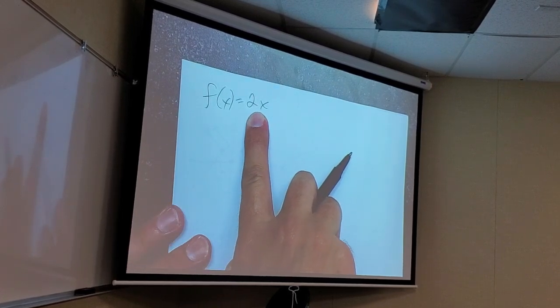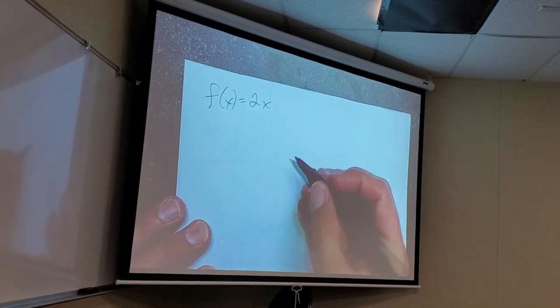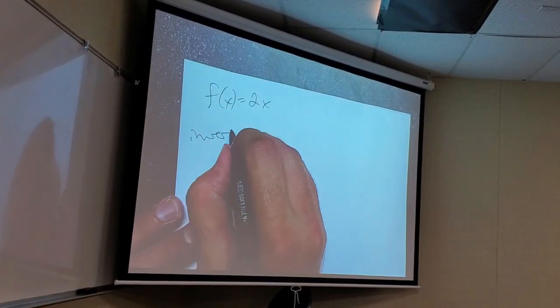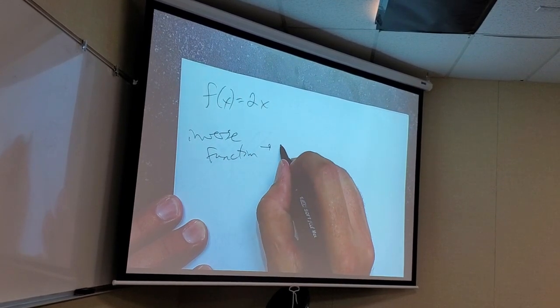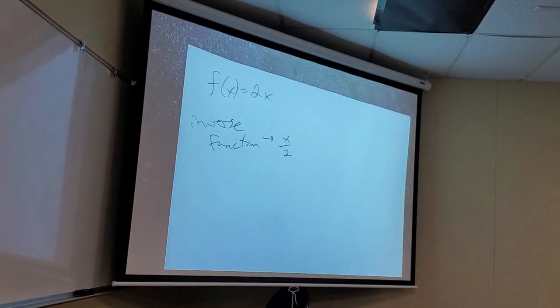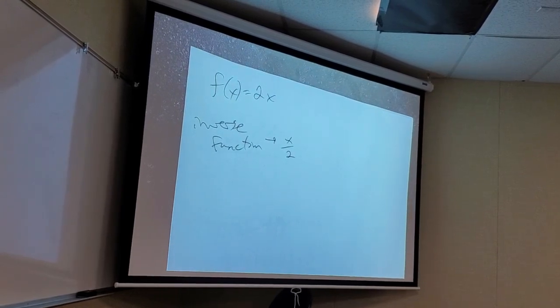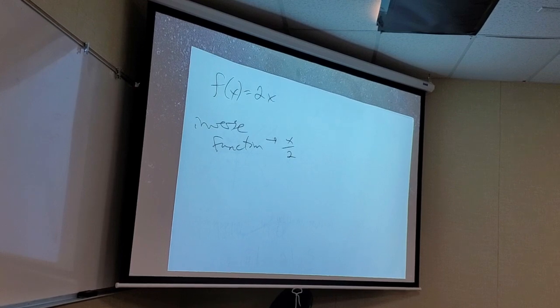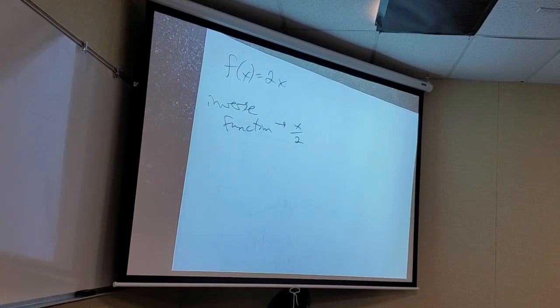So what would the inverse function look like? What would it do? So it'd be x over 2. Is that okay by itself, that idea? Inverse means it undoes whatever the original function did. So if the original function takes 4 and makes it 8, the inverse function takes 8 and divides by 2, makes it 4 again. It just takes it back to where it was. Is that cool?